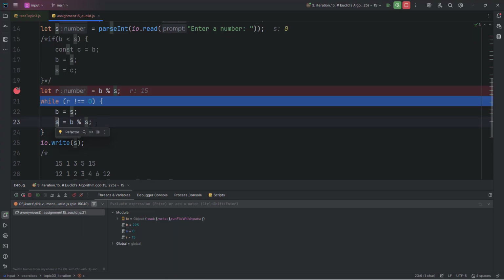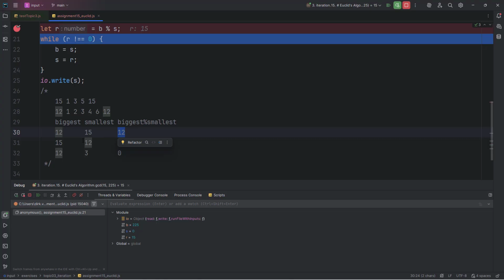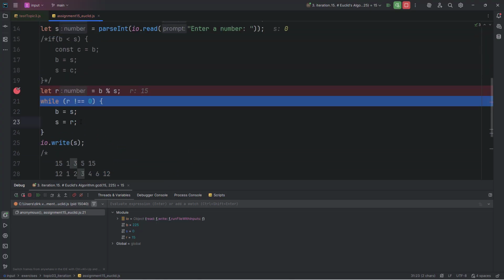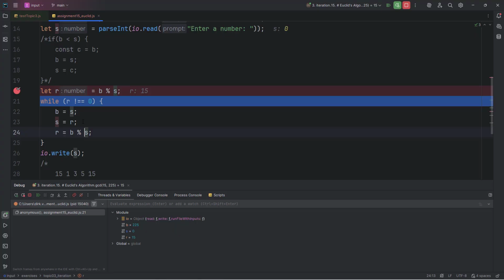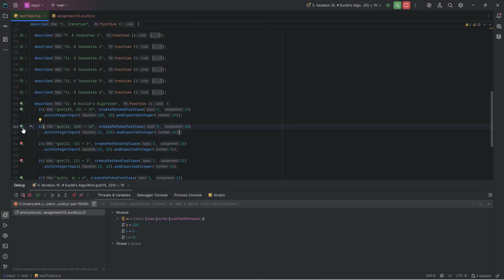That would be a mistake, of course. So first I have to change S, which is of course the remainder. I'm switching over the remainder to S, and then I calculate the new one. So the new remainder would be again biggest divided by smallest, and get me the remainder. Okay, so this should be looking good now.